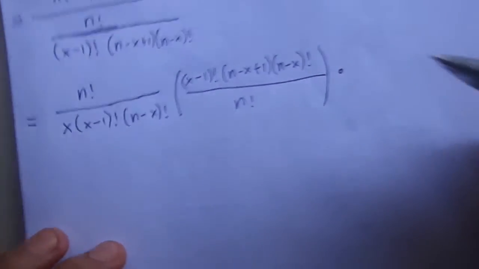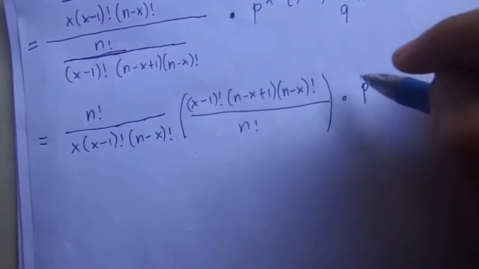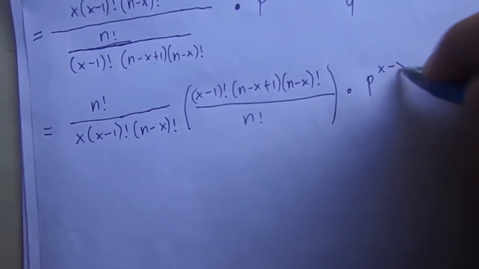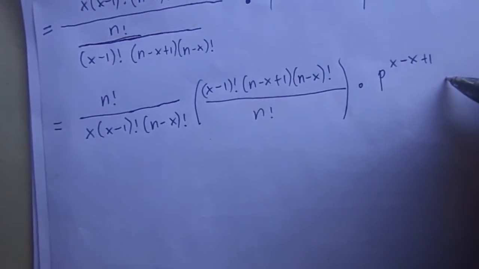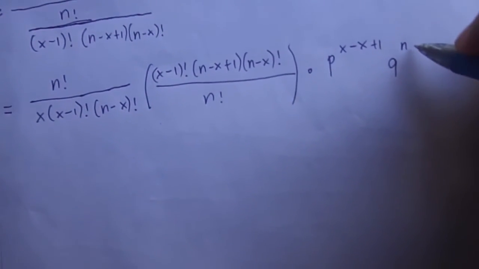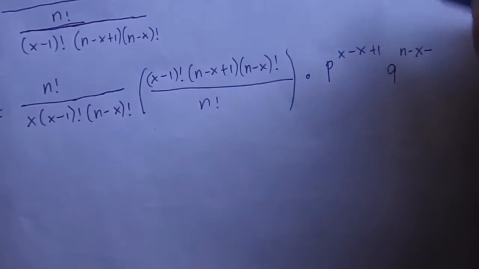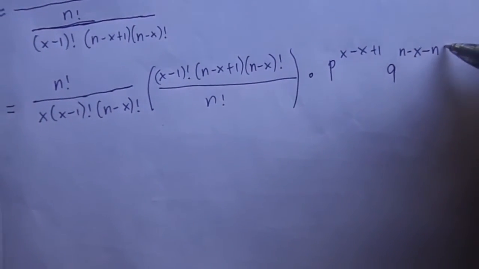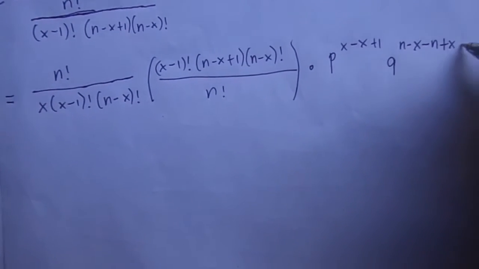By the law of exponent, distributive property, p to the power of x minus x, negative times negative 1, positive 1. So times q to the power of n minus x: negative times positive n is negative n, negative times negative x is positive x, negative times positive 1 is negative 1.